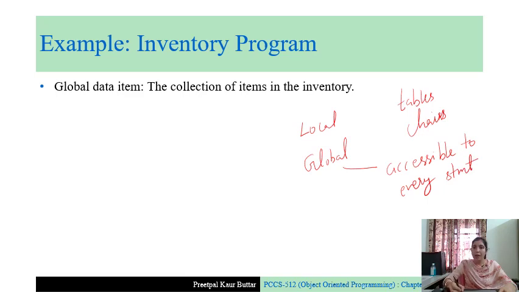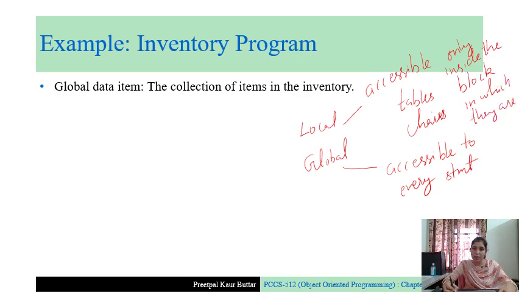Okay. And the local data, they are accessible only inside the block in which they are defined. Okay, so they can be accessed only by the block. So for example, this is a block.